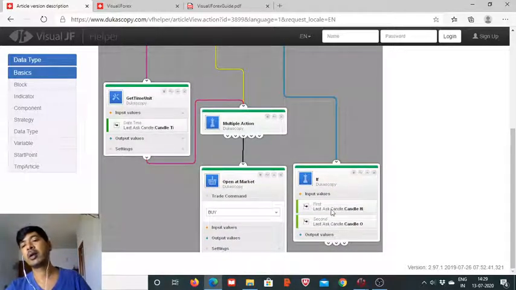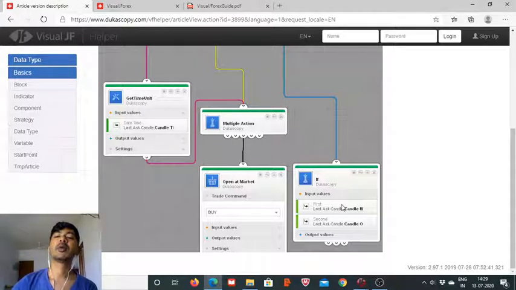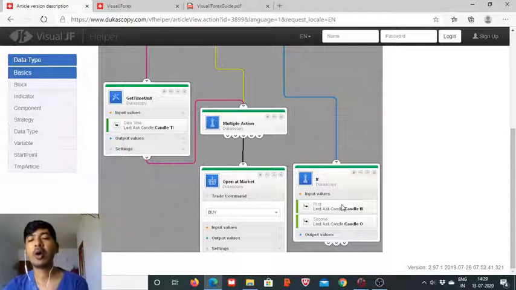You can here define certain conditions as well. Say a particular candle's high is greater than a particular candle's low, or a particular candle's open, meaning you are doing a comparison between two different candle data points.